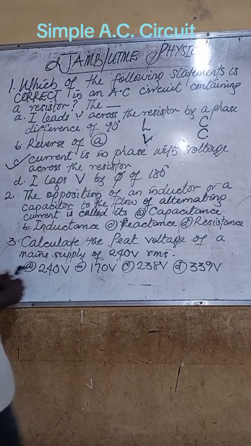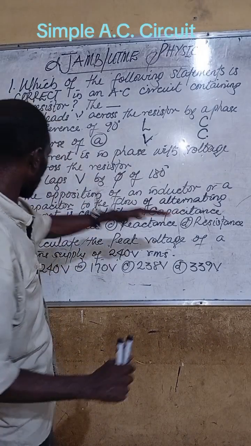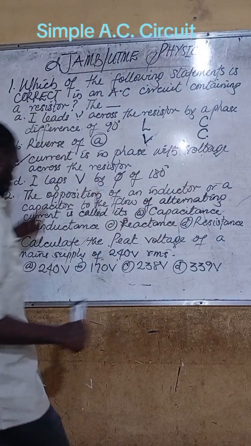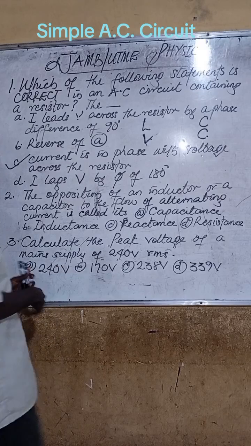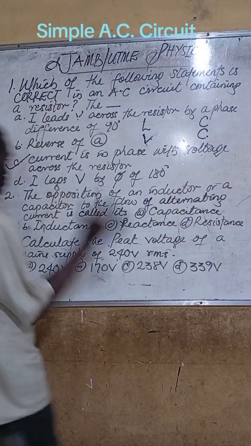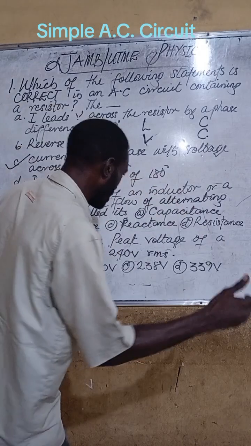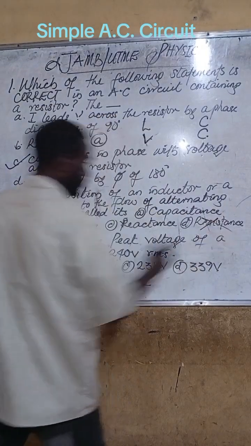Now, the next one: the opposition of an inductor or capacitor to the flow of alternating current is called what? For a resistor, the opposition to the flow of current is called resistance, so this is out of the case.